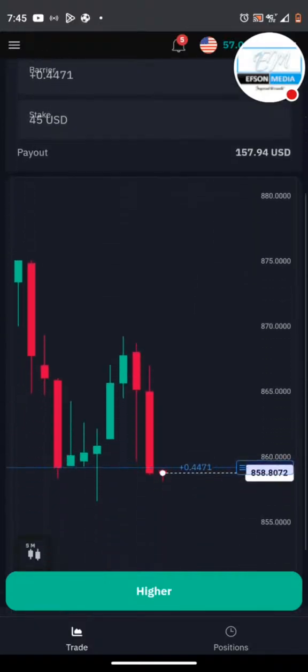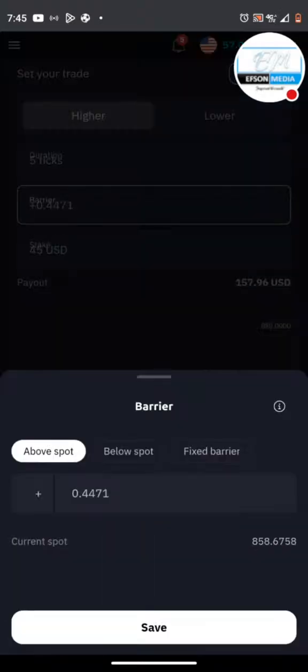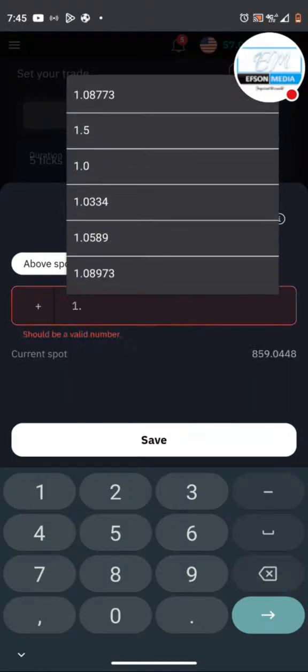And I'll look at my barrier where I want to draw my blue line. This line is the line that we use to determine whether my trade won or lost. So I select 1.9.